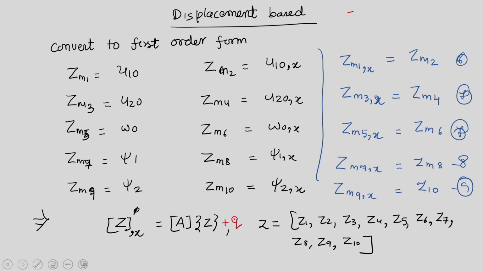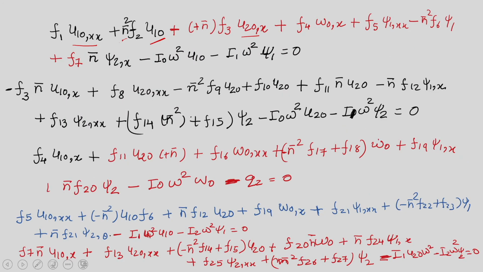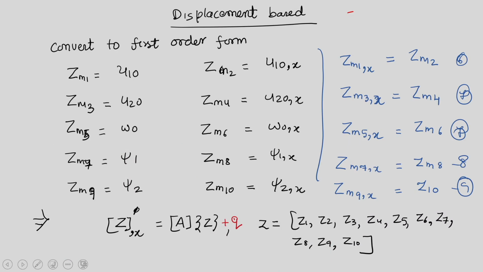So, we have 5 equations from here, and we will get 5 identity equations from this. If we take the derivative of Zm1 along the x direction, that will be just the variable Zm2. If we take Zm3 comma x, that will be just Zm4.